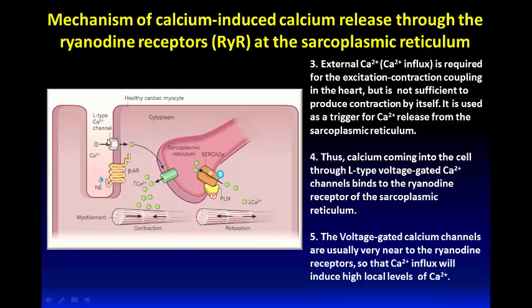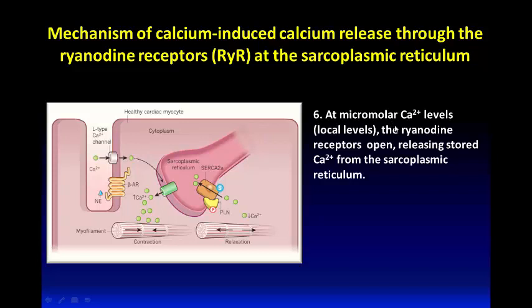The L-type voltage-gated calcium channels, the dihydropyridine receptors, are usually very near to the ryanodine receptors, so that calcium influx will induce high local levels of calcium ions.